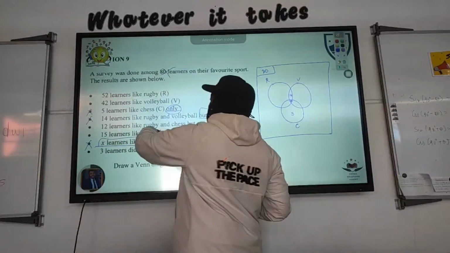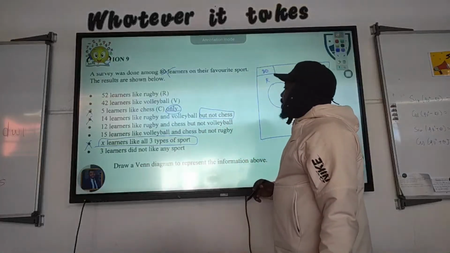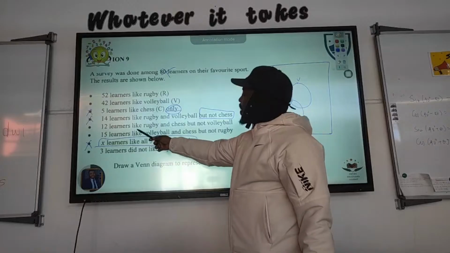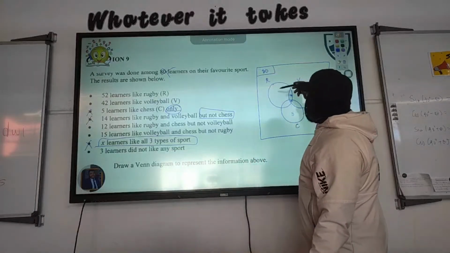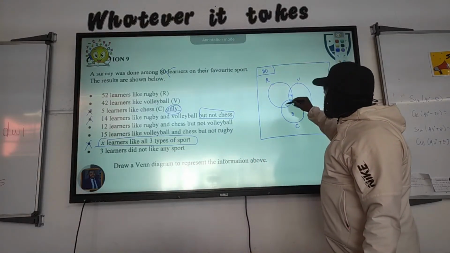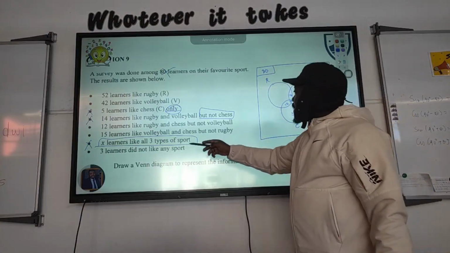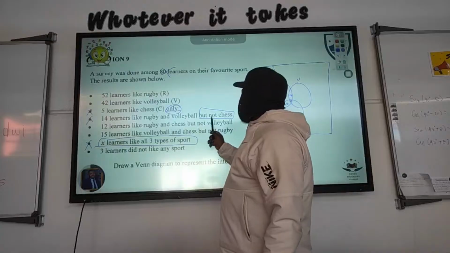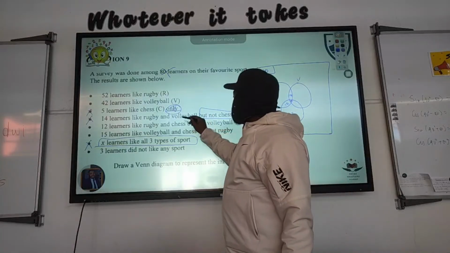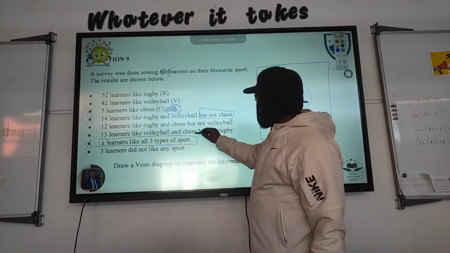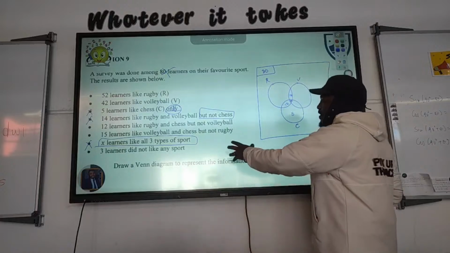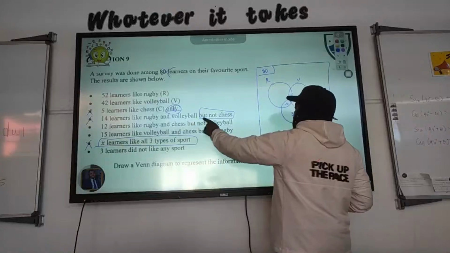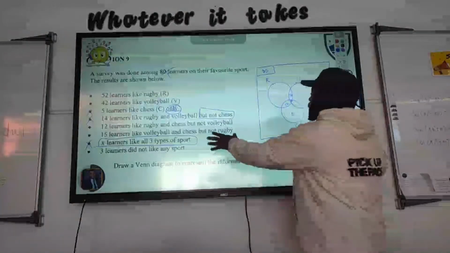And then we have 12 learners that like rugby and chess, but not volleyball. So we have 12 learners that like rugby and chess. We have rugby and chess, so we have 12 learners this side. It is worded differently here: they like rugby and chess, but not volleyball.